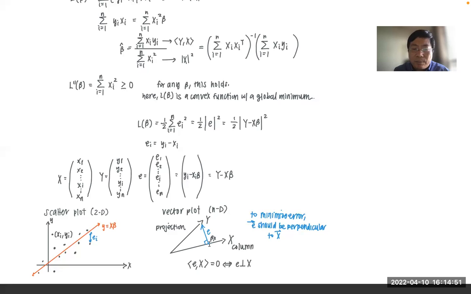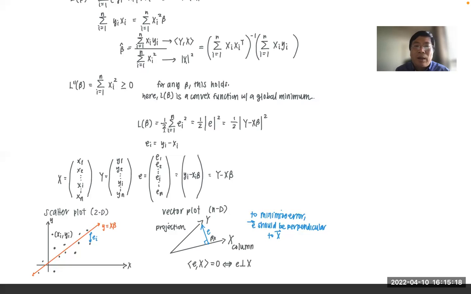Okay, so this point is x beta. In any case, x beta is a vector that shares the same direction as x, or maybe the opposite direction, so it may be any point along this line. And if we look at the least square loss function, it is 1/2 summation ei squared.